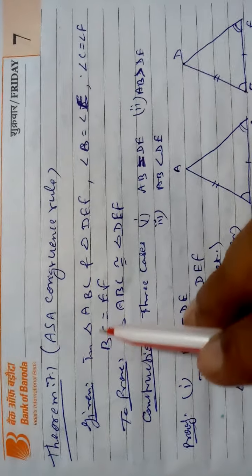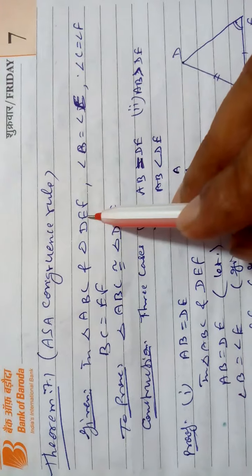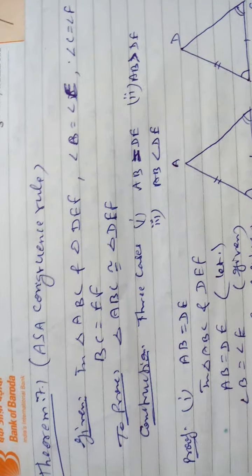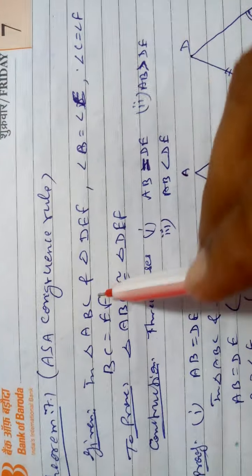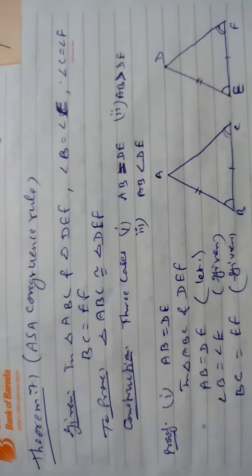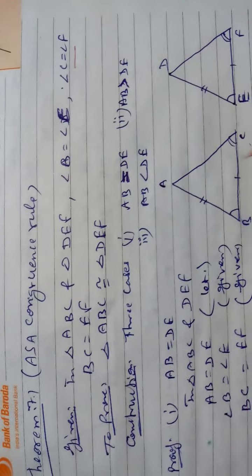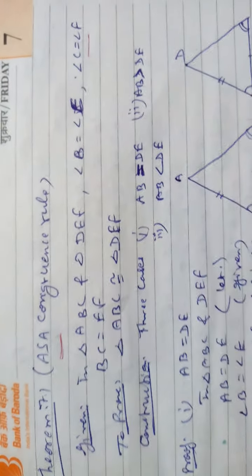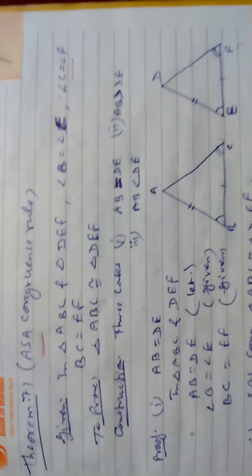Given, we will write triangles ABC and DEF, angle B equal to angle E, and angle C equal to angle F. This is given. To prove: triangle ABC is congruent to triangle DEF by the ASA rule. The ASA rule is given, and you want to prove it by other congruency.